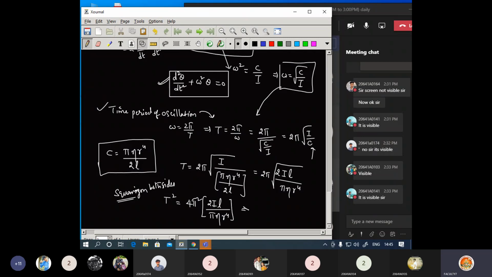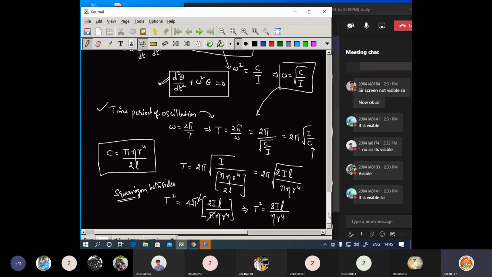So this is going to give the resultant equation now. You cancel the factors, π and the square. And here what is the expression? T² equals 8IL by ηr⁴.